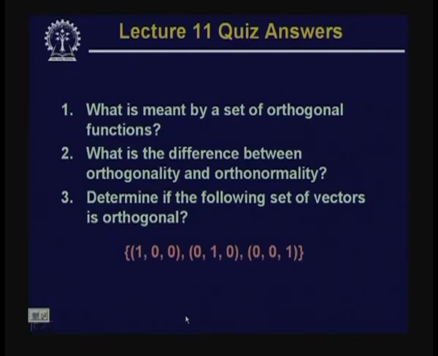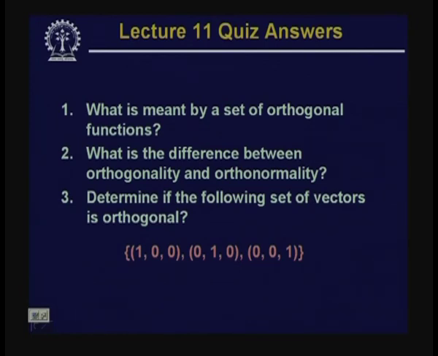Now, some answers to the quiz questions that we gave in the last class. Obviously, in this case the first two are quite obvious. The third one, which said to determine if the following set of vectors is orthogonal.